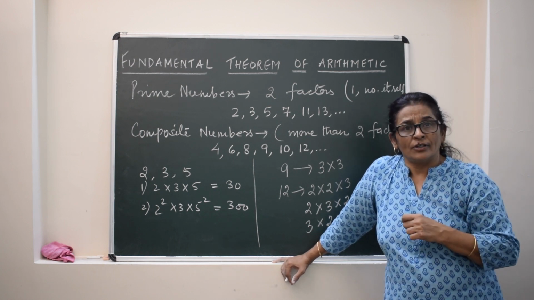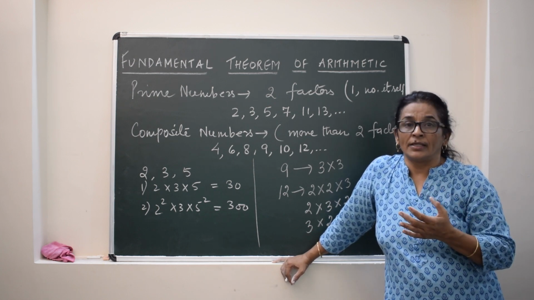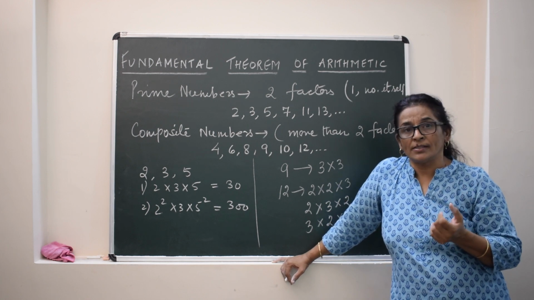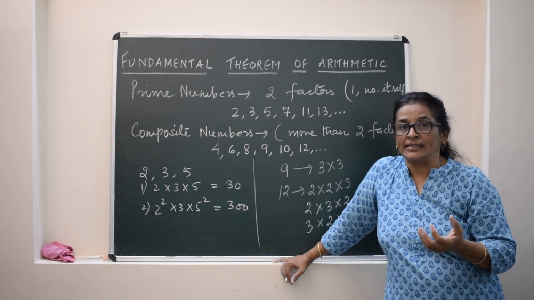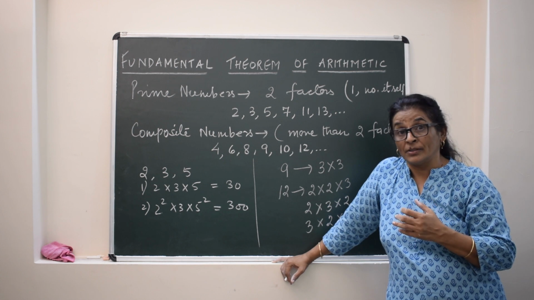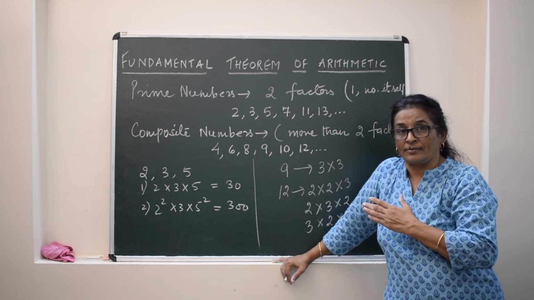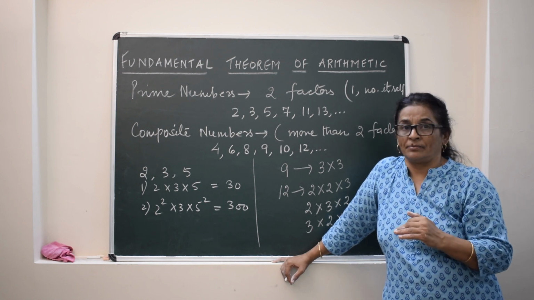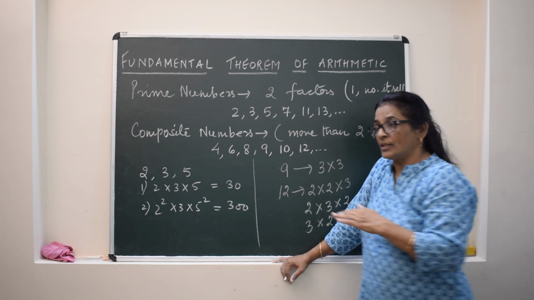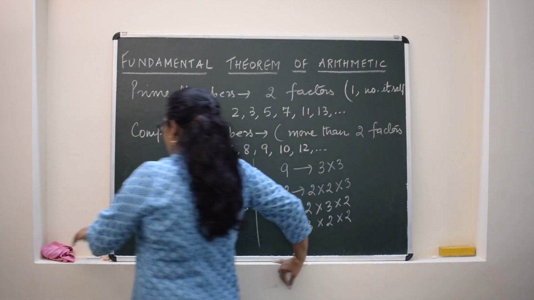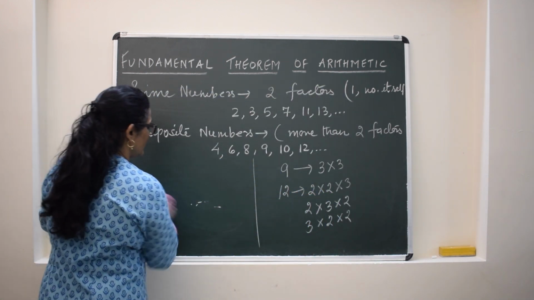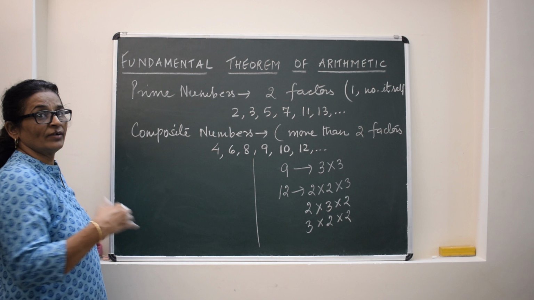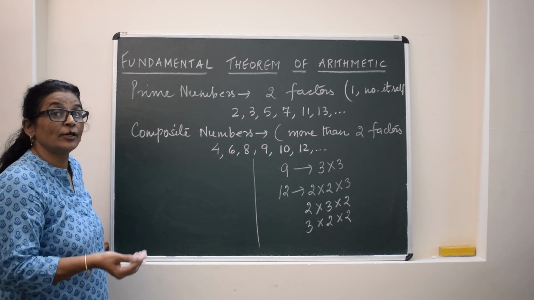Now the fundamental theorem of arithmetic can be used in different concepts. First is to find the LCM and HCF of numbers using prime factorization. Also, it is used in one formula about the LCM and HCF of any two positive integers a and b.